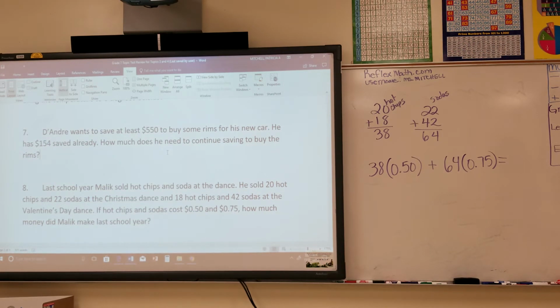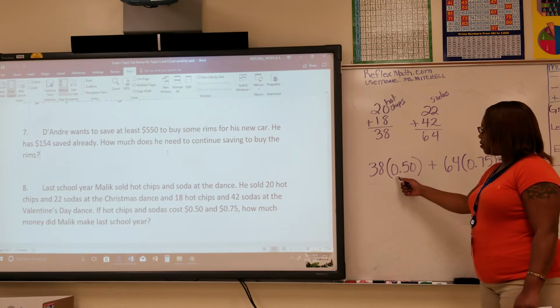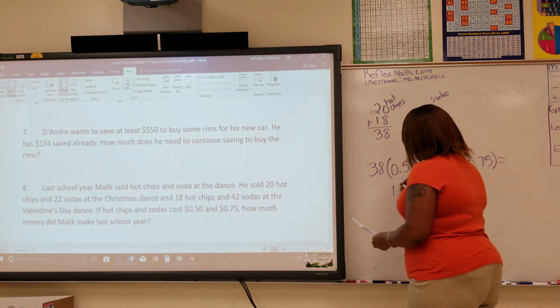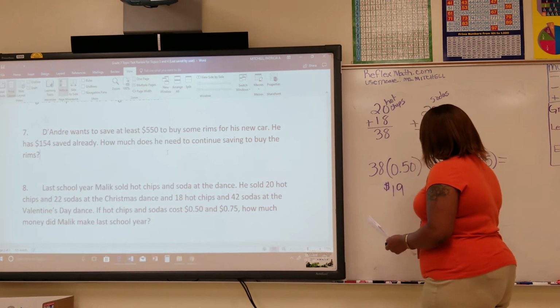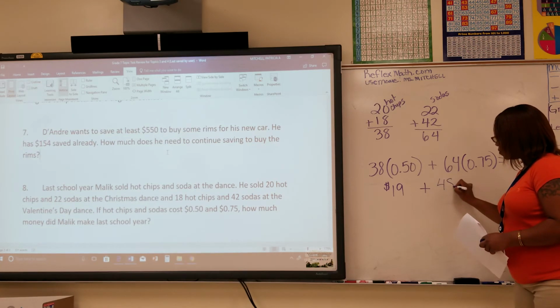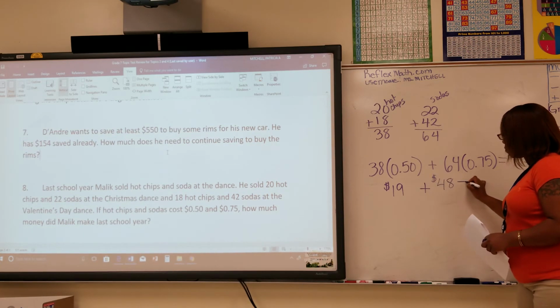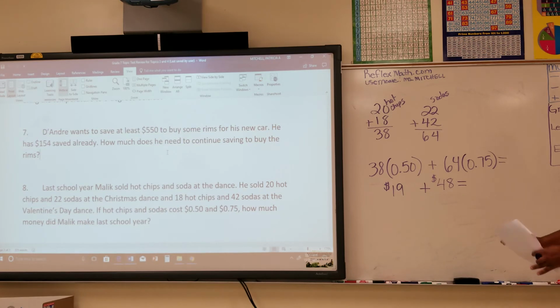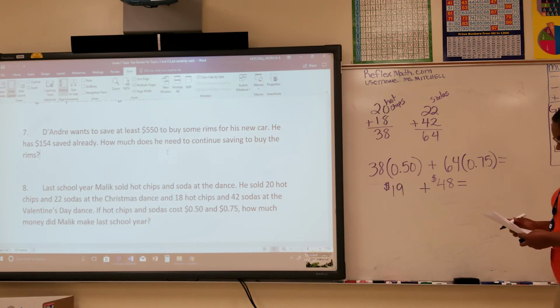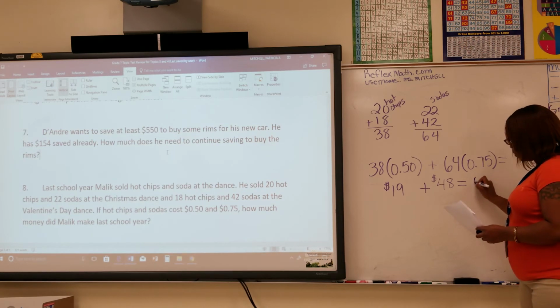So the first thing that we need to do now is multiply. 38 times 50 cents will then give us $19. 64 times 75 cents will then give us $48. And all we now have to do is add $19 plus $48, and that will give us $67.